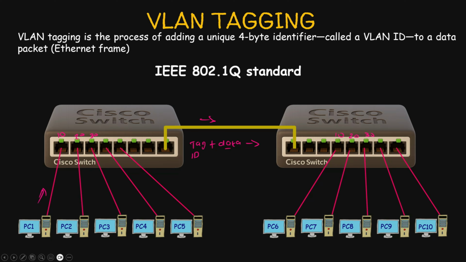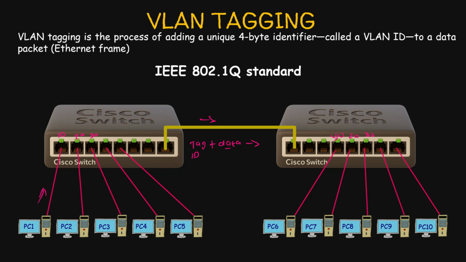So it will understand this data is tagged with VLAN ID 10. It will forward that traffic to the specific interface where the destination device is connected, which is also in VLAN 10. In this way, the switch sends the traffic along with the VLAN tagging.